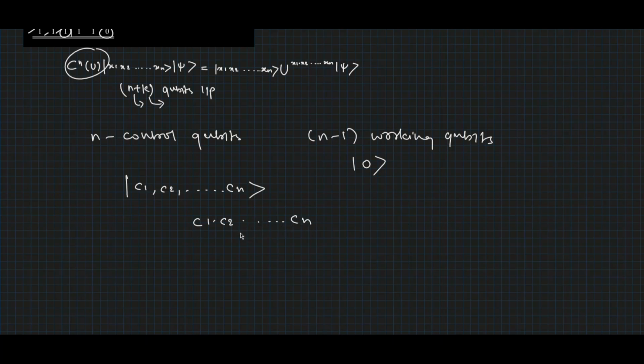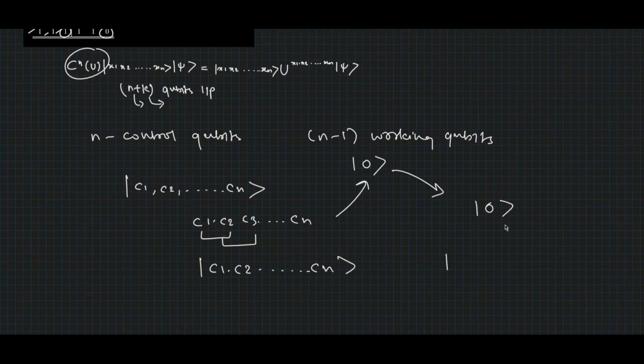So we have to AND C1 and C2 and the product with C3 and so on using the Toffoli gate until the final work qubit is in the state C1 dot C2 dot till Cn. Next, U is operated on the target qubit only if the final work qubit is set to 1. Finally, the last part of the circuit just reverses the steps, returning all the work qubits to their initial state 0. Let's see an example for n equal to 5 control qubits.